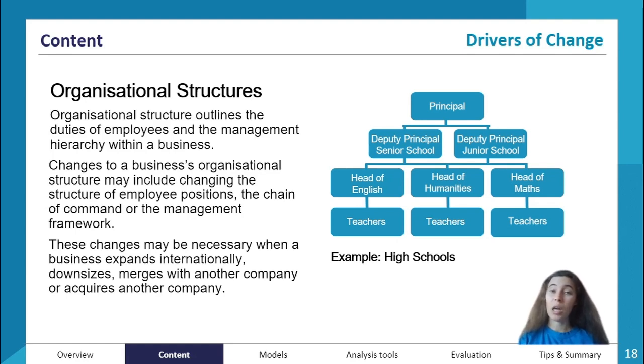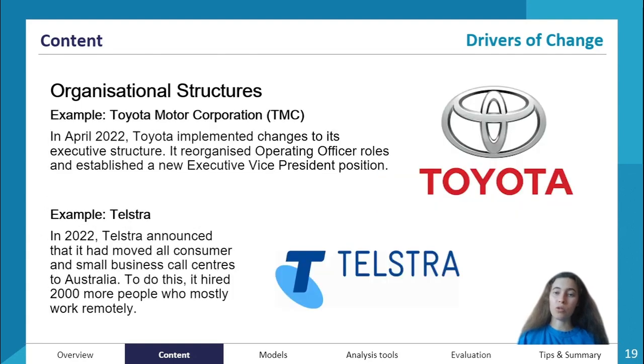And it's the same thing when it comes to a business as well. So that's a great point of reference to help you remember what organizational structures involve. So let's take a look at some business examples now. So Toyota, back in April 2022, implemented changes to its executive structure.